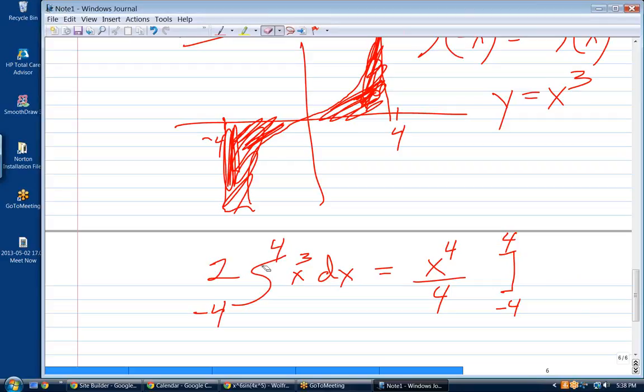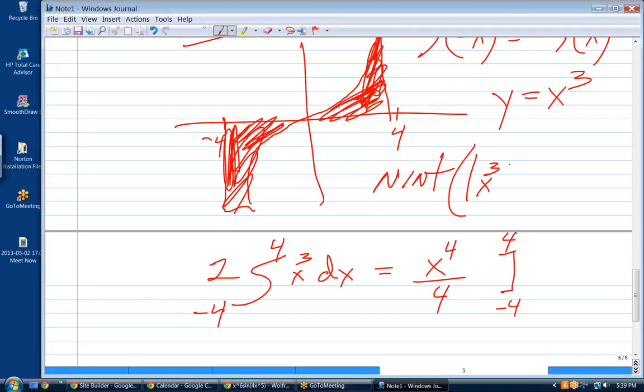Well, if you wanted to get this off of a calculator, then you would write int, absolute value of x cubed, comma x, comma minus 4 to 4, and that should give you 128.